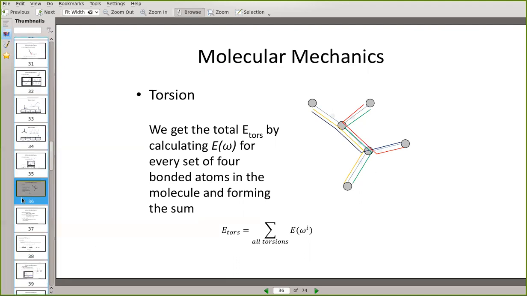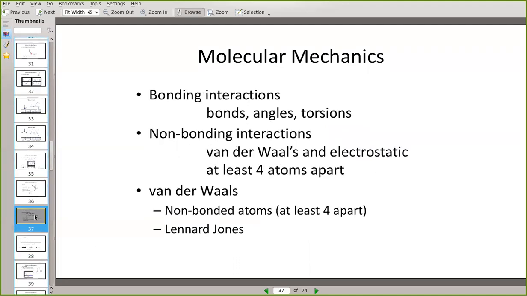Okay. So those 3 cases, we've done stretches, bends, and torsions. Those 3 sets of interactions are through bonds. Those are bonding interactions. And those are one main contribution towards your total energy of a molecule.